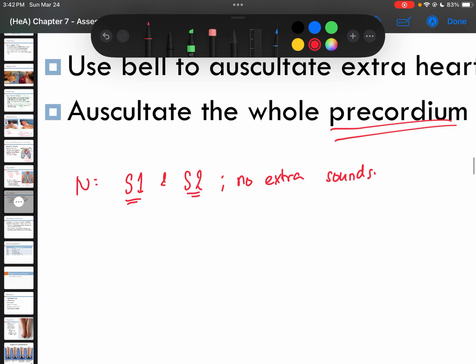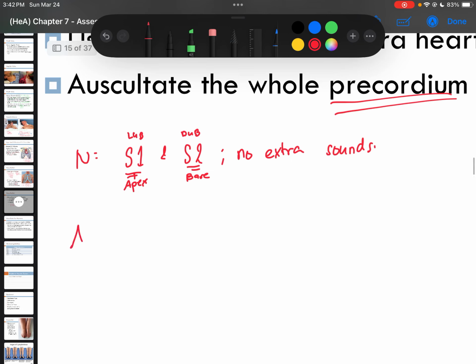Now, if you remember class, your S1 is your lub and your S2 is your dub. Your S1 is best heard at the apex, while your S2 is best heard at the base of the heart. For abnormal findings, we have the presence of S3 and S4.